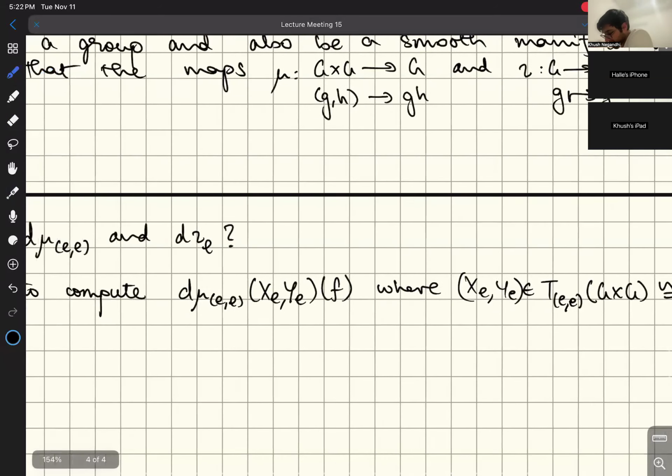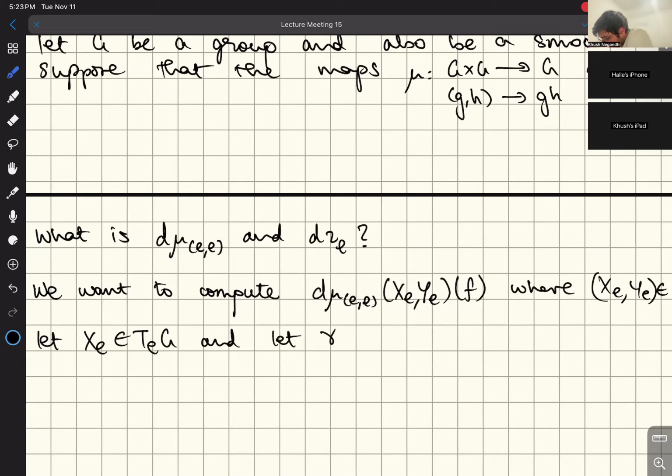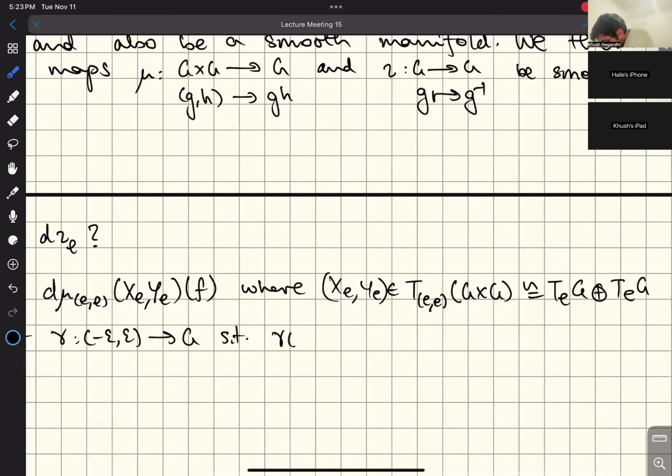Note that this map is linear. Since it's linear, let x_e be in the tangent space and let gamma be a curve into G such that gamma of 0 is the identity and gamma prime of 0, being a little sloppy here, is x_e.